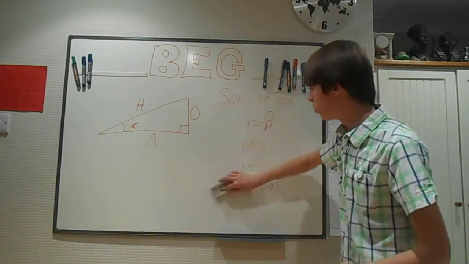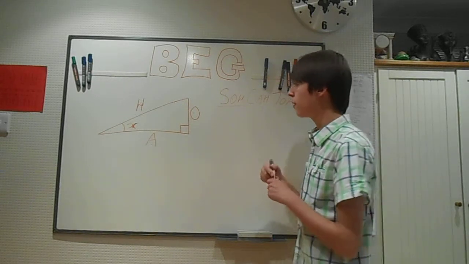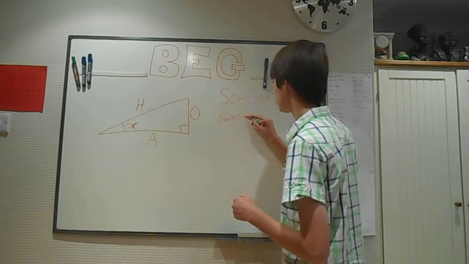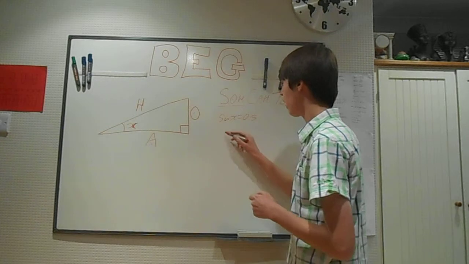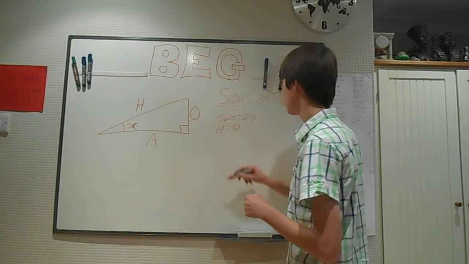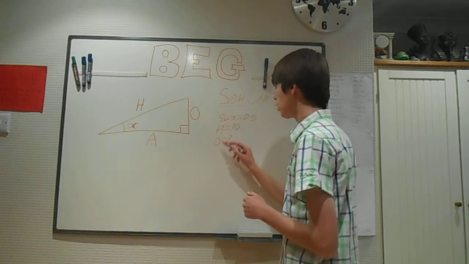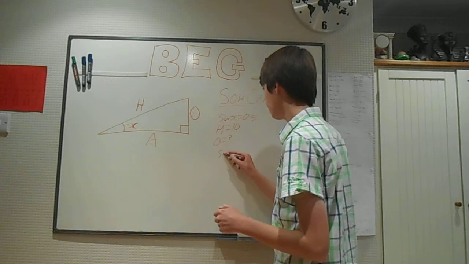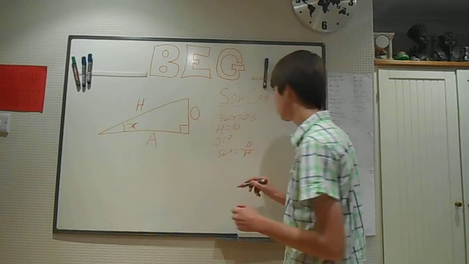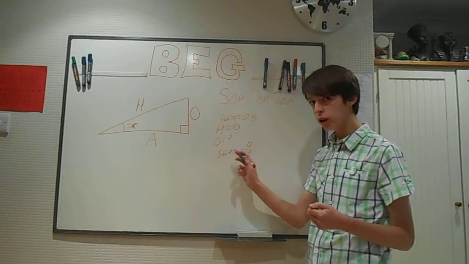Okay, so let's do another example with sine. Say we know that sine of x equals 0.5, okay, and h equals 10. What, therefore, is O equal to? Well, we use SOHCAHTOA again, so sine of x equals opposite over hypotenuse, okay? But we don't know what the opposite is. But we do know what sine of x is.